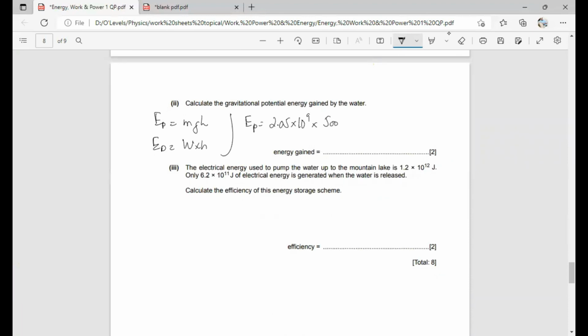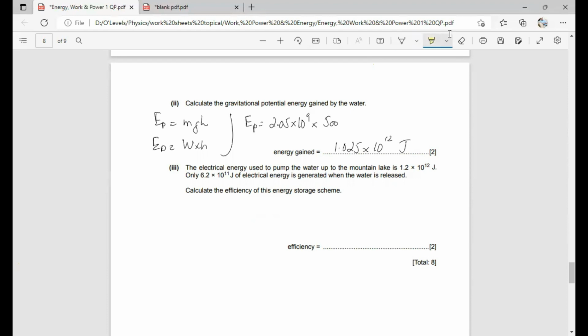So 1.025 times 10 exponential 12 joules.